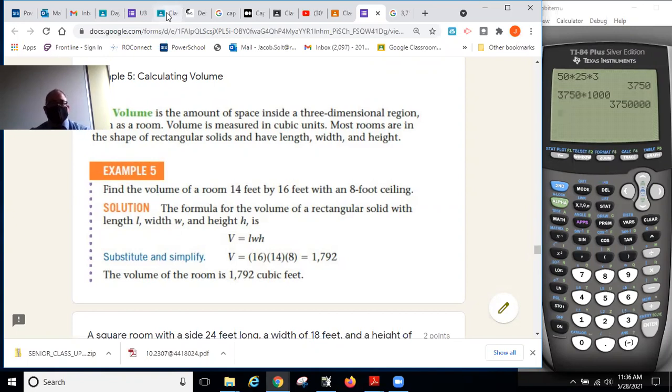Example 5, calculating volume. Volume is the amount of space inside a 3-dimensional region, such as a room. Volume is measured in cubic units. All right, so it's in 3-dimensional cubic units. Most rooms are in the shape of rectangular solids and have length, width, and height.